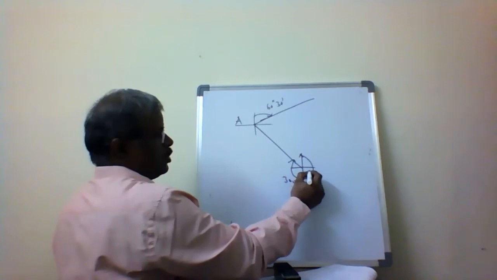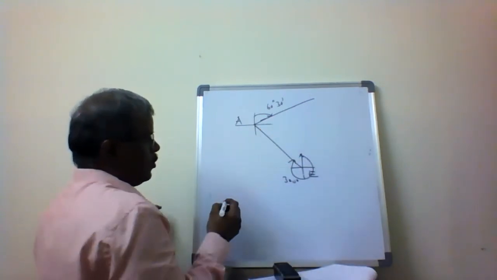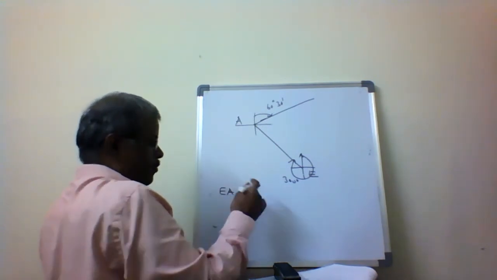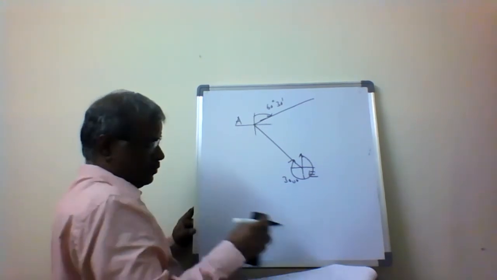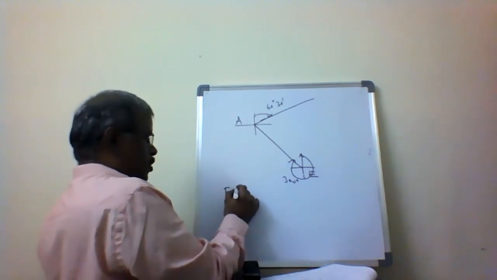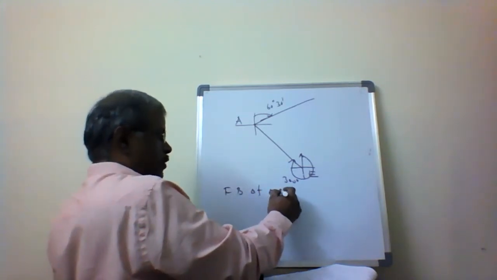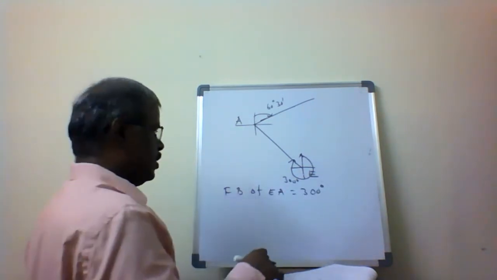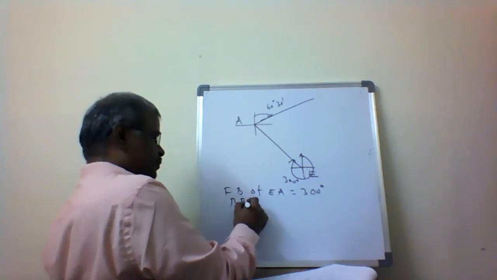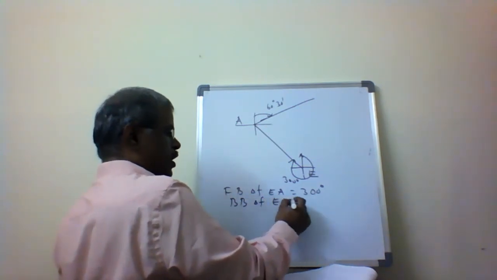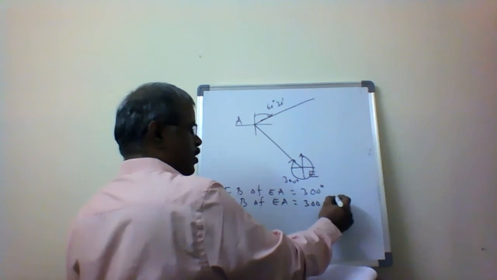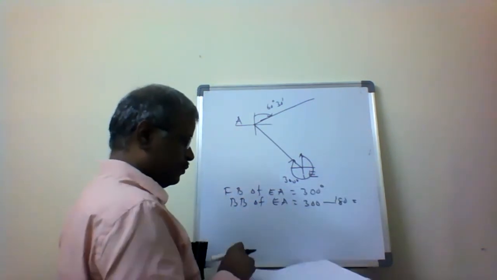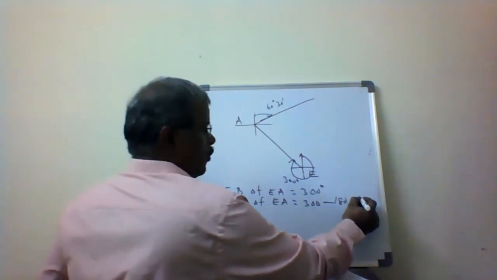From the point E, the forward bearing of EA equals 300 degrees. So what is the backward bearing? Backward bearing of EA equals 300 minus 180, so 120 degrees.